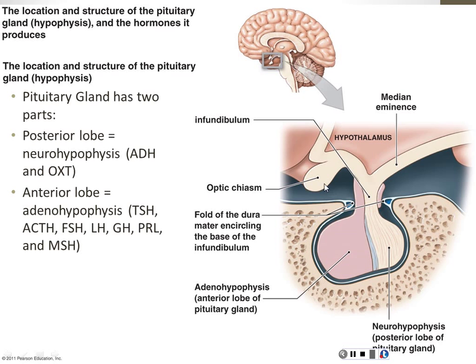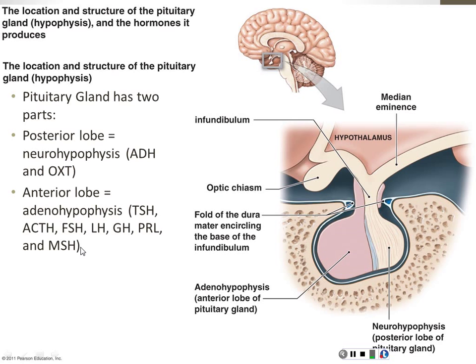All right. So these two different parts make different hormones. The posterior hypophysis is the simple one. It makes two hormones, ADH, antidiuretic hormone, and OXT is oxytocin. And oxytocin plays a role in the reproductive system, which we'll talk more about at the end of the semester together. The anterior lobe, or the anterior pituitary, is a much busier place.